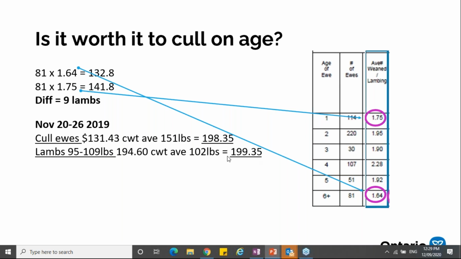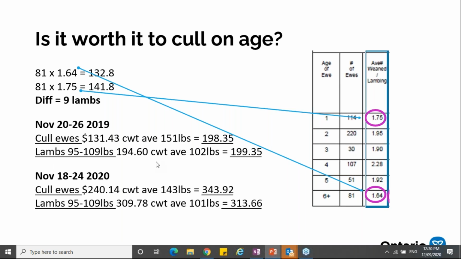Again, almost $200 a head. So I can sell ewe lambs and get almost the same dollars as what I would have gotten for the lamb if I sold it. So that makes that more attractive, right? So now these 9 lambs look a little better. And that's potentially something like $800 more in revenue.